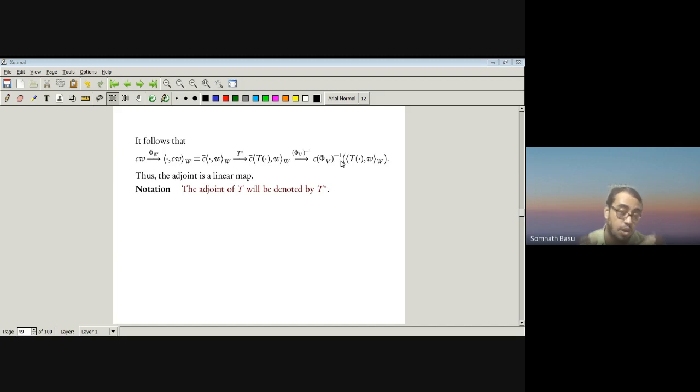This is called T star for a reason. This is not to be confused with the T star that we are using to denote this one, for example. This is the classical dual for this thing.